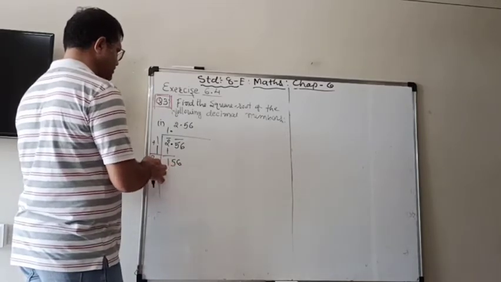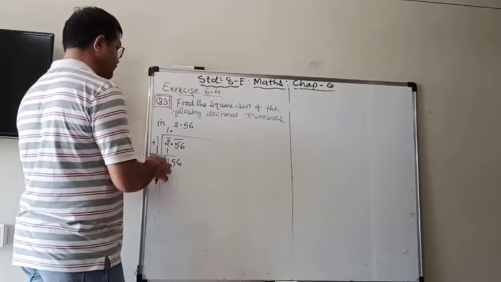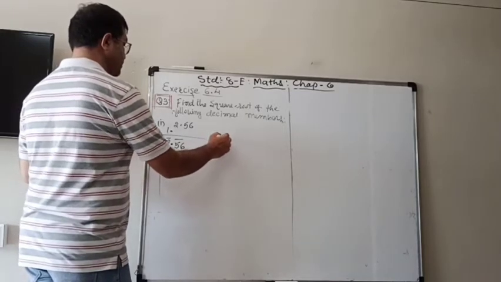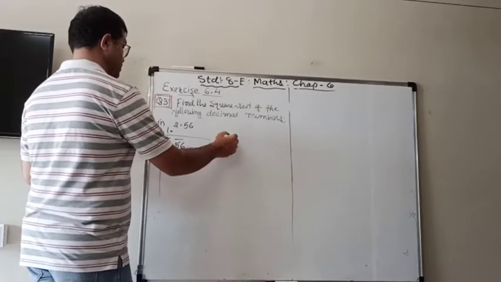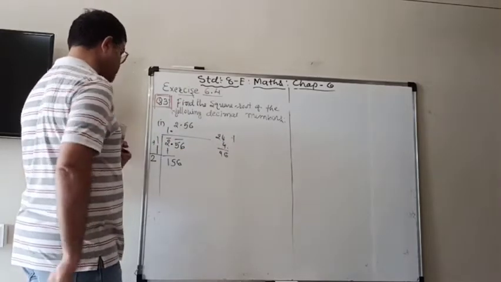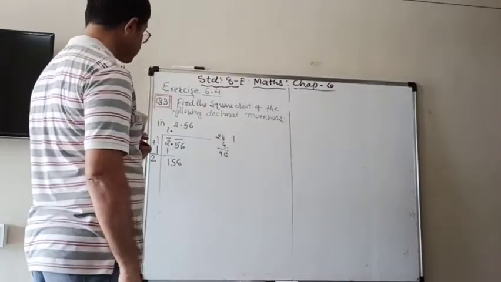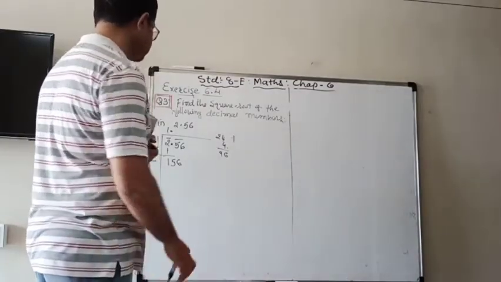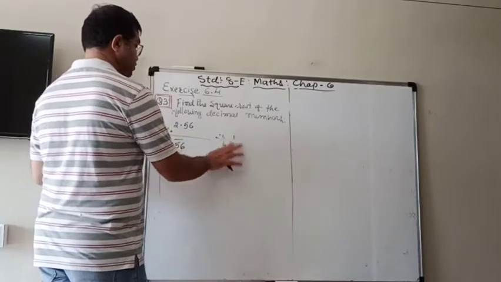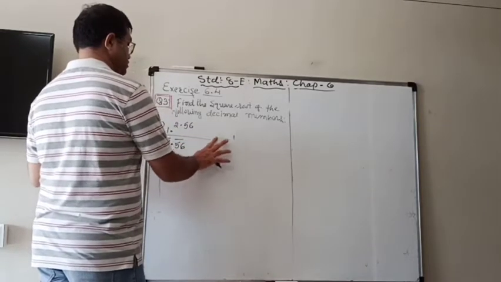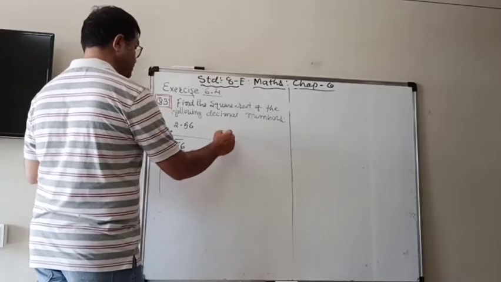So either it will be 4 fours are... So 24 fours are... No, it is not possible. Then go further. There is 6, so you can take 6 also.